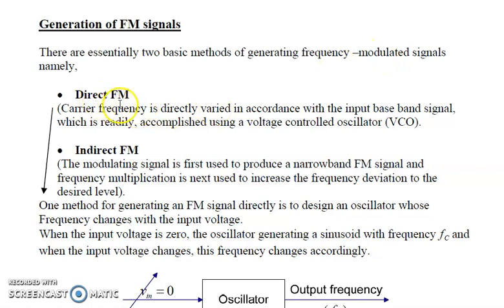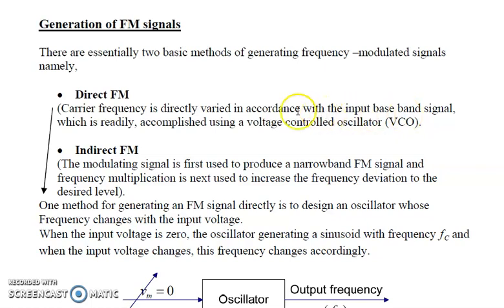Number one is direct FM. Direct FM means the carrier frequency is directly varied in accordance with the input baseband signal.